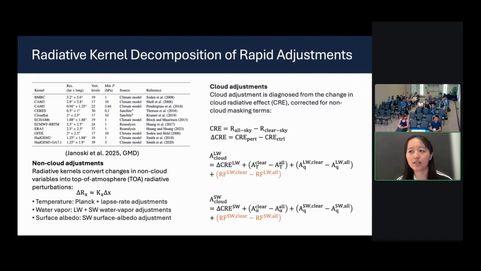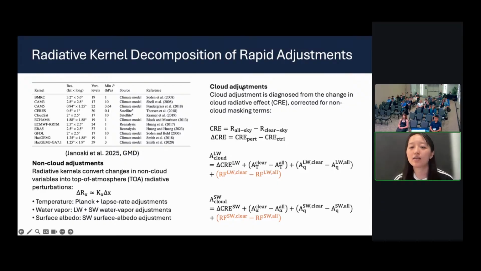We also wanted to understand the role of rapid adjustments, so we look at the rapid adjustments and how they contribute to the ERF differences. We use radiative kernels to decompose the rapid adjustments. This method has two main parts. For the non-cloud adjustments, we apply the kernel to the simulated changes in temperature, water vapor, and surface albedo to estimate their radiative impacts.